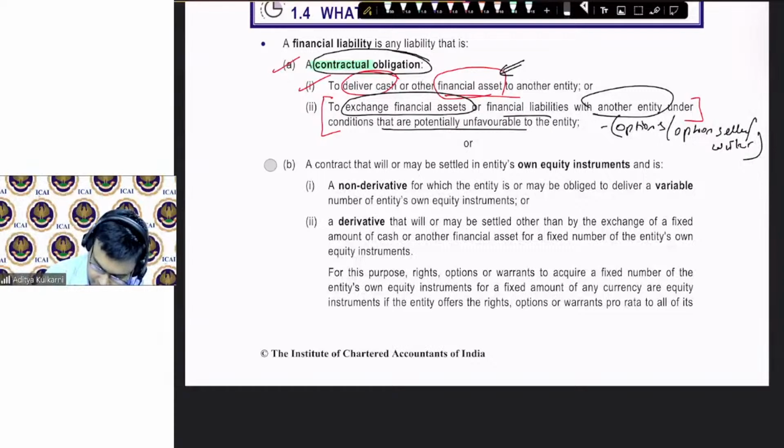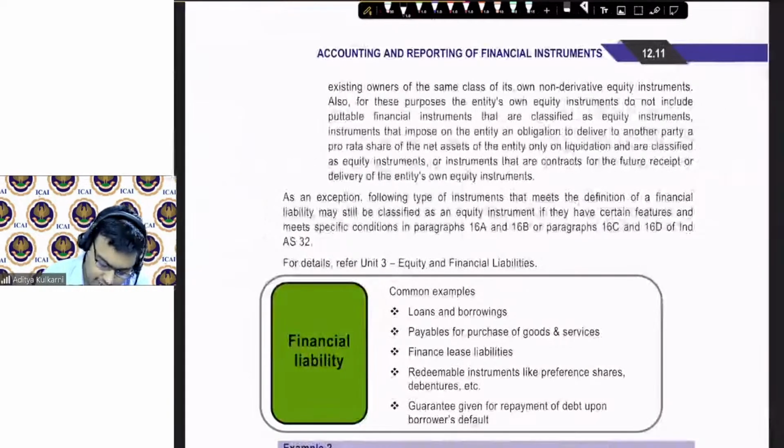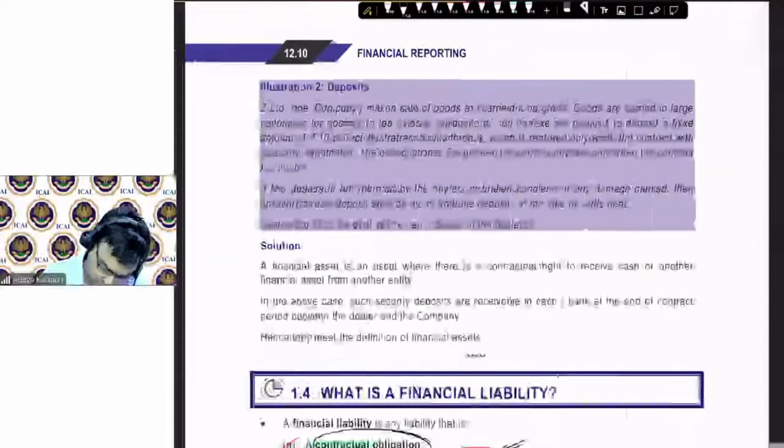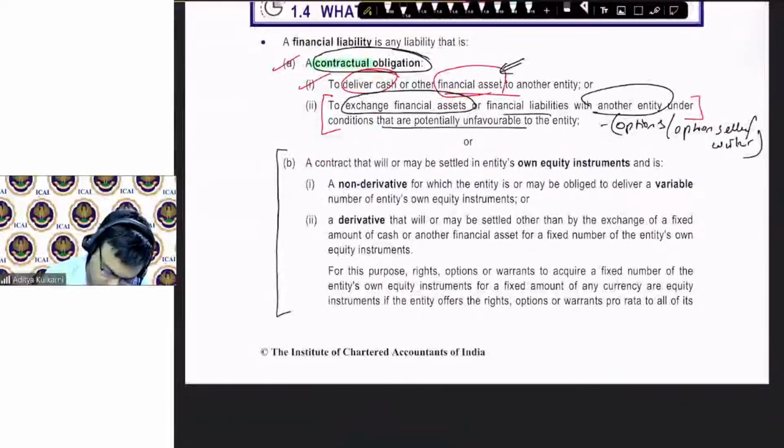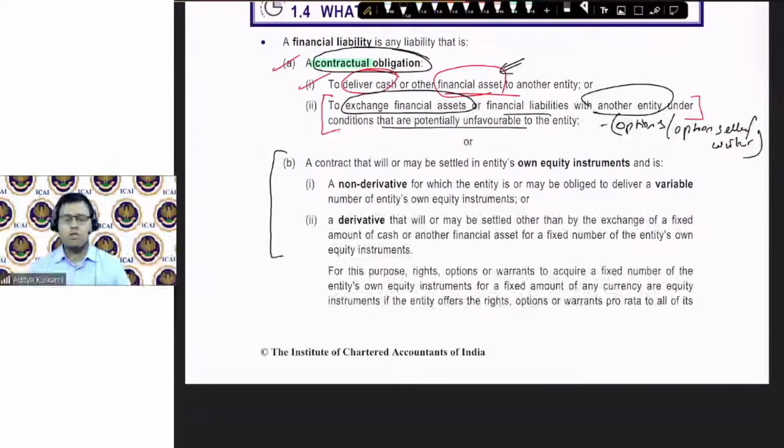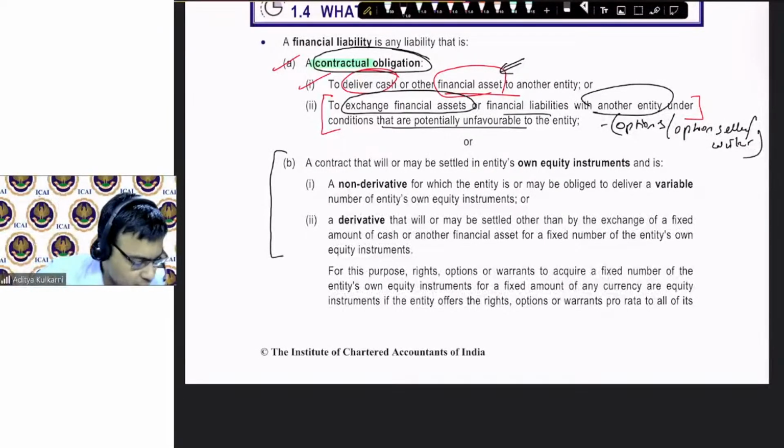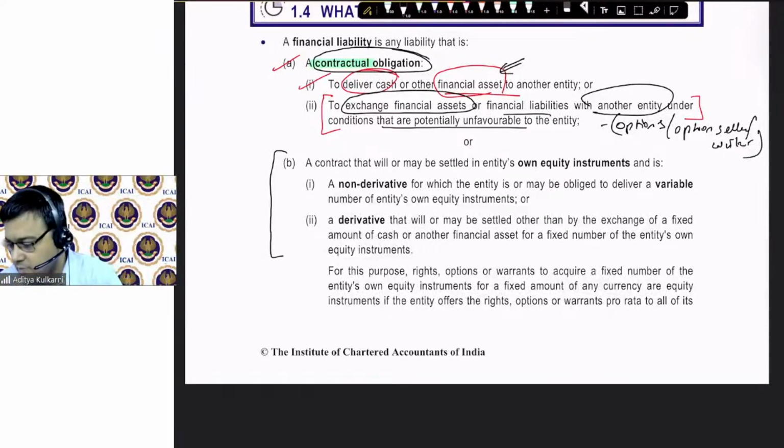I have discussed obligation to deliver cash or another financial asset, and options, and now we are going to discuss this. And with that, the definition of liability comes to a close. Same clauses are there in equity also, so equity also comes to a close.